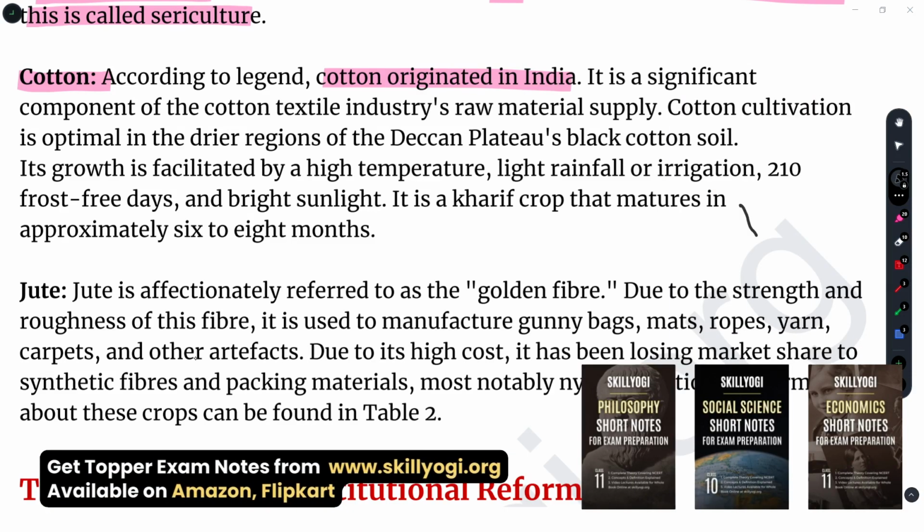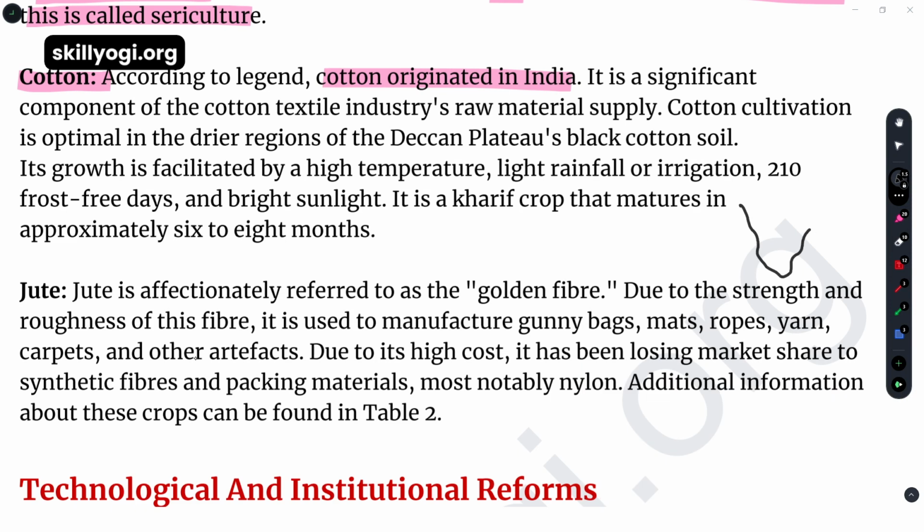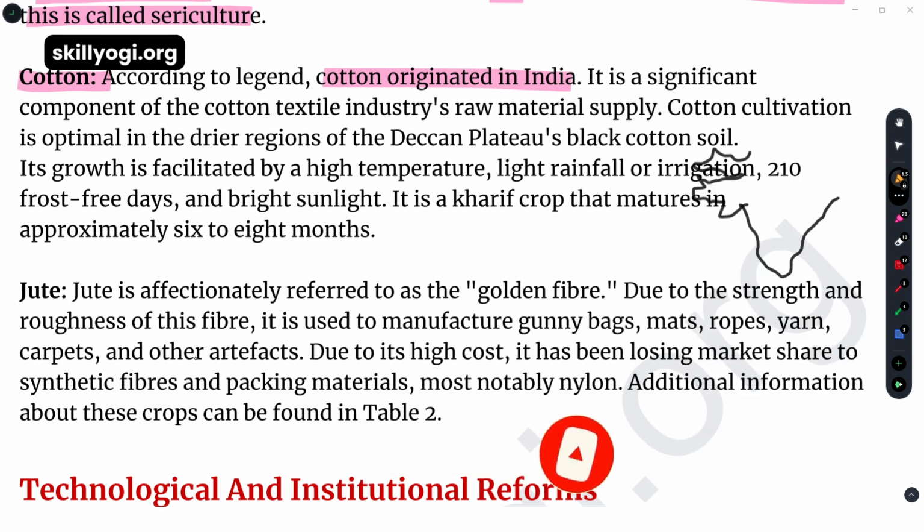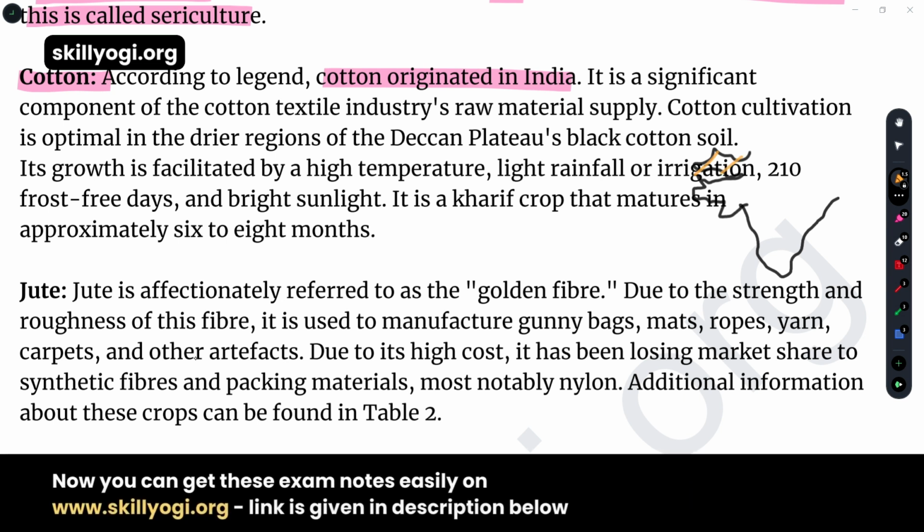If I am drawing the southern part of our country, and this is the western part, this Gujarat portion, the full Gujarat portion, and some part of Rajasthan, and in the coastal areas of the southern part, we can have cotton production.